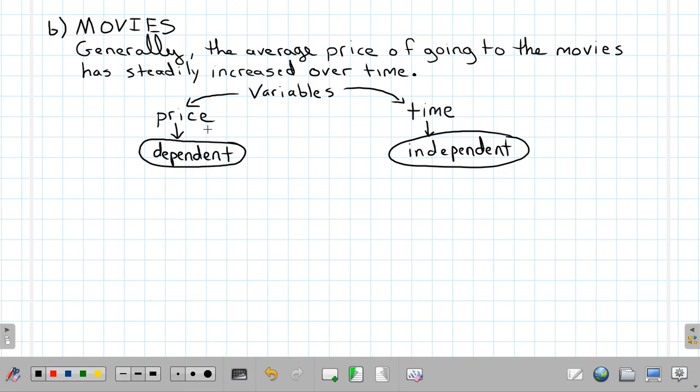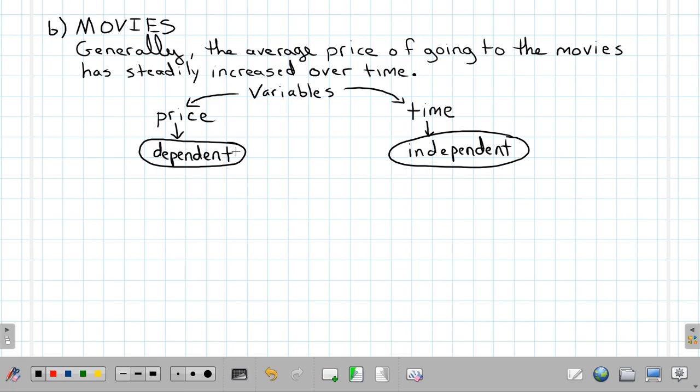Because once again, let's talk about it in terms of what's going on up here. The price of going to the movies depends on what time you went to the movies. If you went to the movies in the 1920s, you probably were able to go to a movie for a nickel. Okay? If you go to the movies now, you're basically going to spend $15, $20 to see a movie.